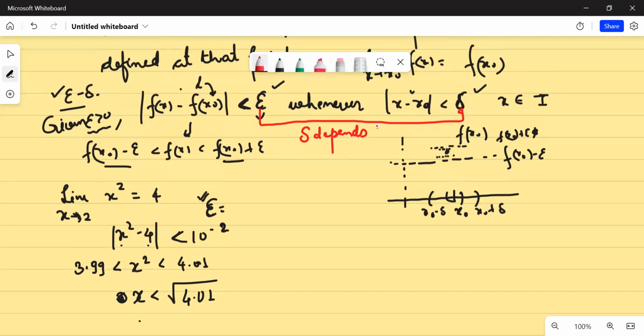And what does it mean? In simple terminology, it means that the distance of the function and the limit, and for continuous functions the limit is equal to the value of the function at that point, can be made as small as possible whenever the distance between x and x naught is also as small as possible. And this as small as possible would depend upon epsilon.